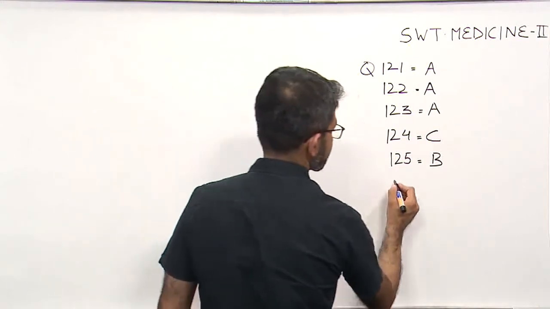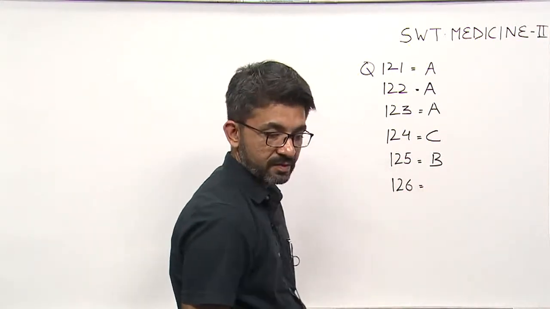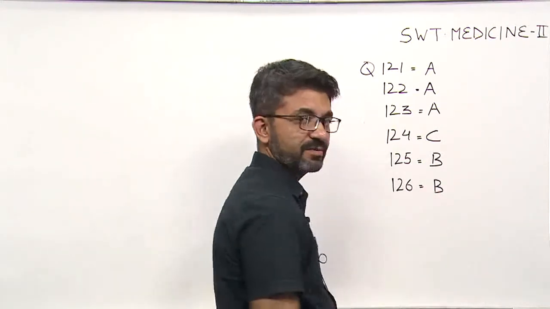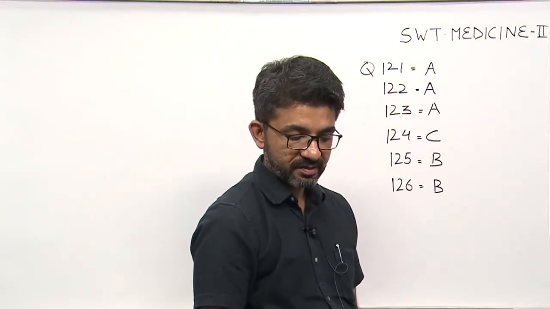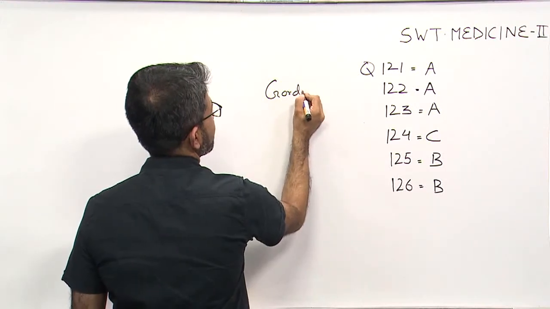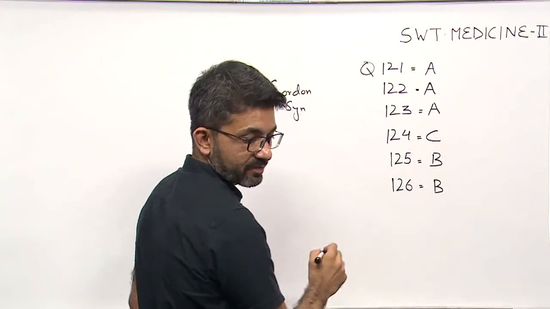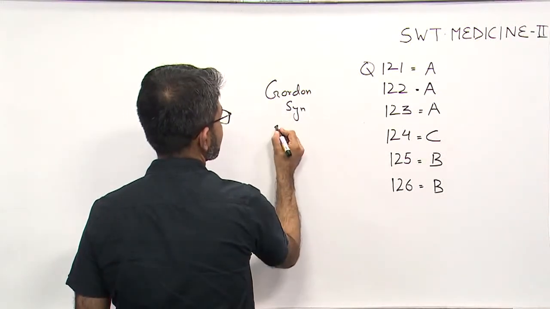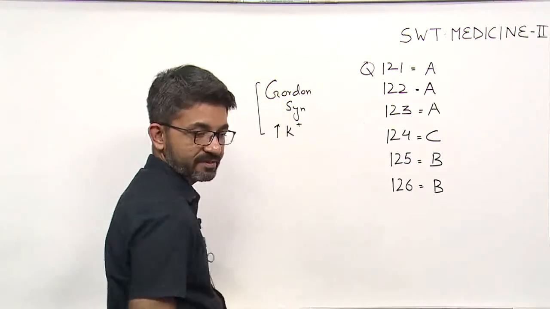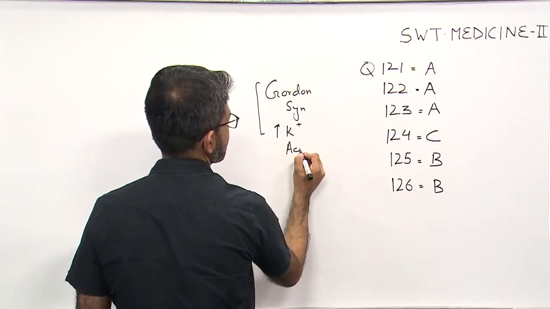Question number 126. The answer is B. The table has beautifully shown that it is only Gordon syndrome where you have increased potassium, right, along with acidosis.